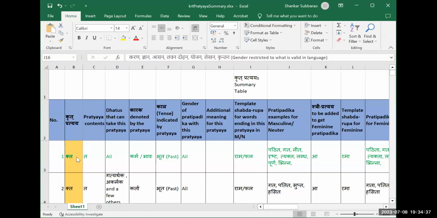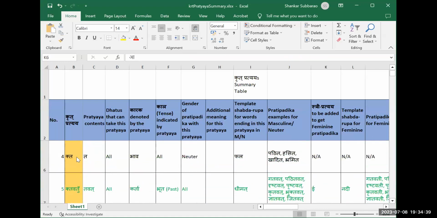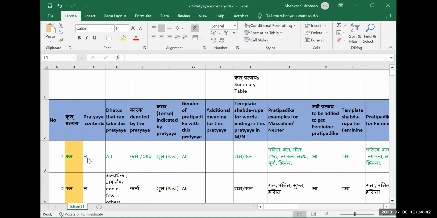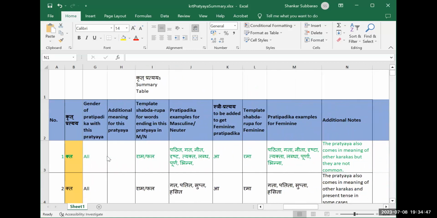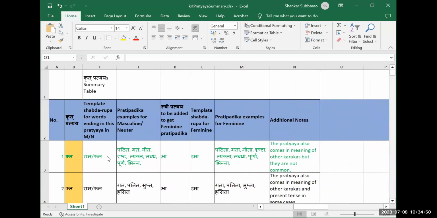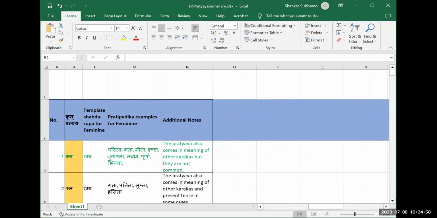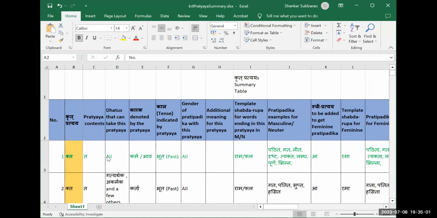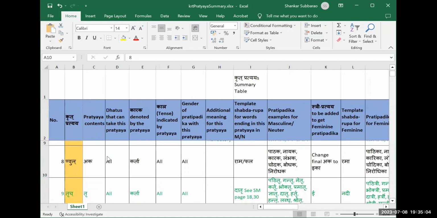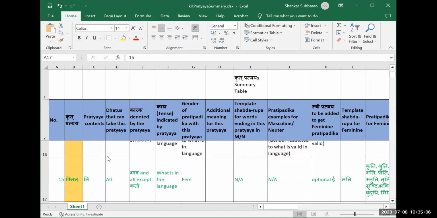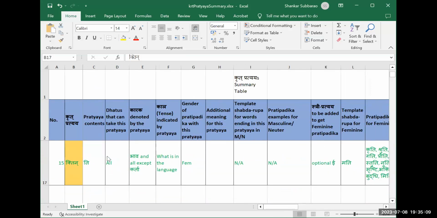Kta pratyaya is added in the sense of karma or bhava. Right? So now it's added to all dhatus and it becomes pathita. Similarly, sthita. All right? But it can go in all genders. It can become sthita or sthitam. All possibilities exist. But we are looking right now not at that, but at this pratyaya called tin, which is at the end. And that is only in the sense of feminine.